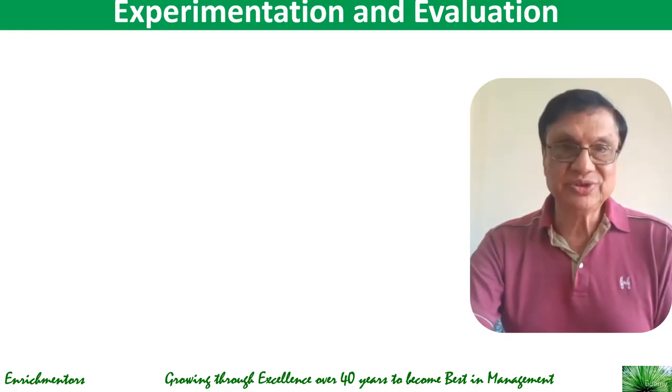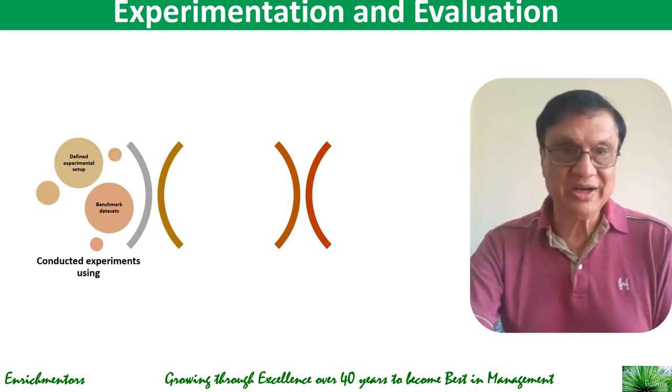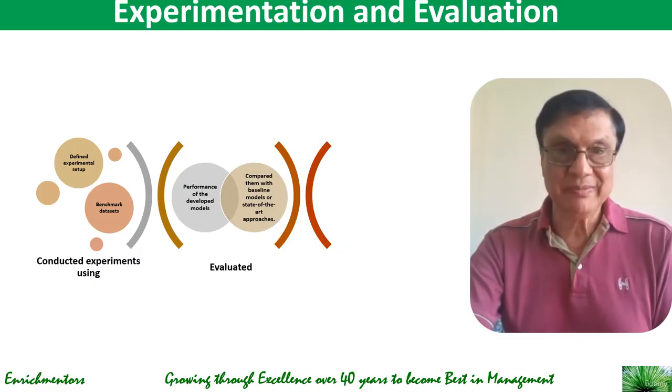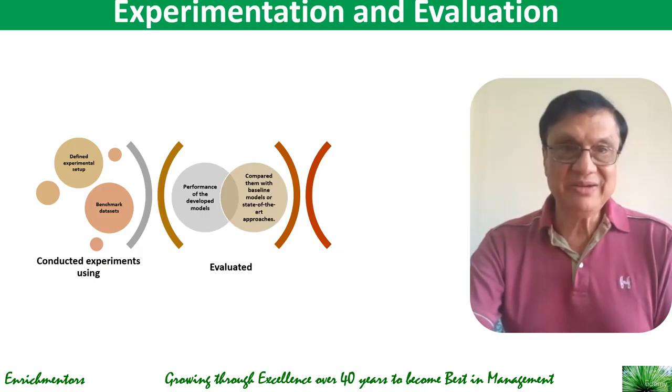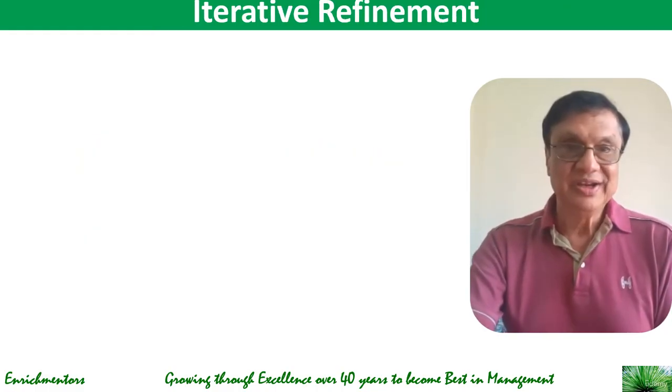Conducted experiments using the defined experimental setups and benchmark data sets, evaluated the performance of the developed model and compared them with baseline models or state-of-art approaches, and measured efficiency, in terms of inference time, model size, and other relevant factors to assess the impact of the proposed techniques. So that is what happened in the experimentation and evaluation.